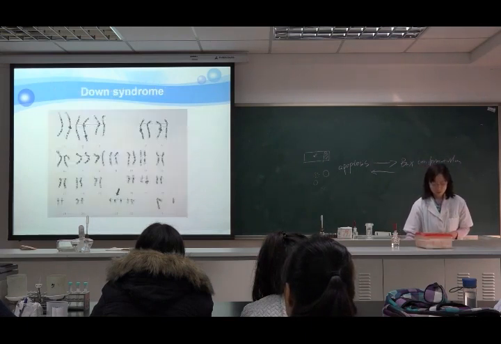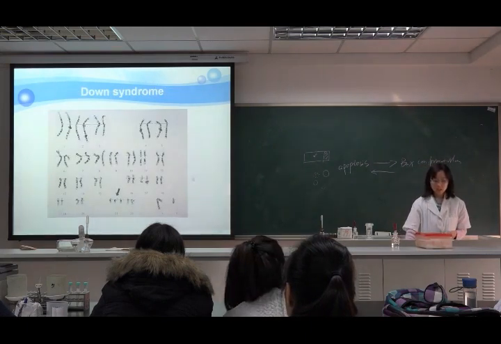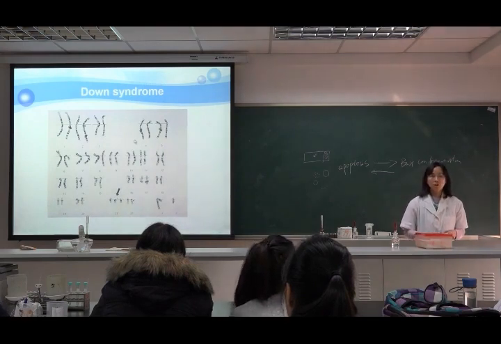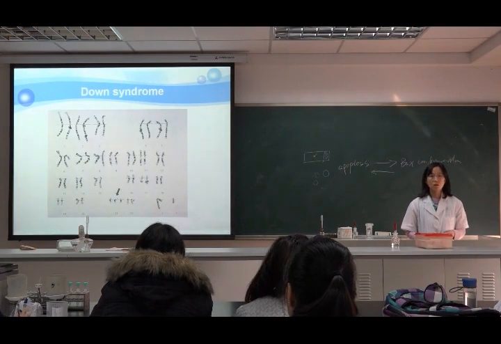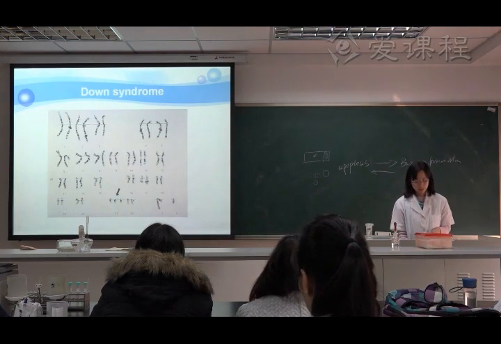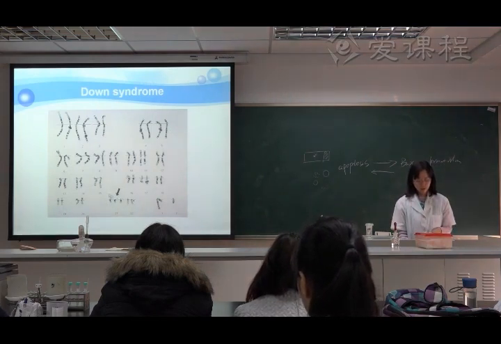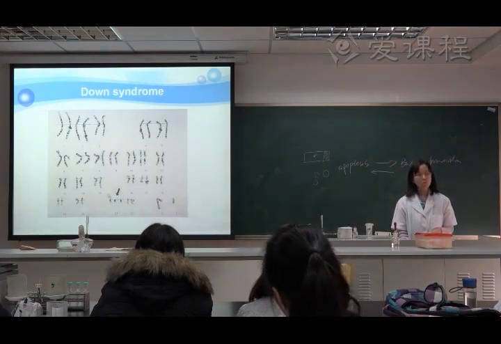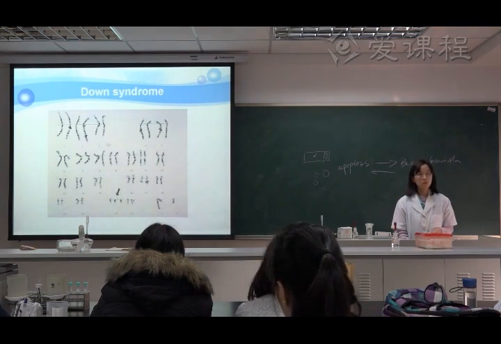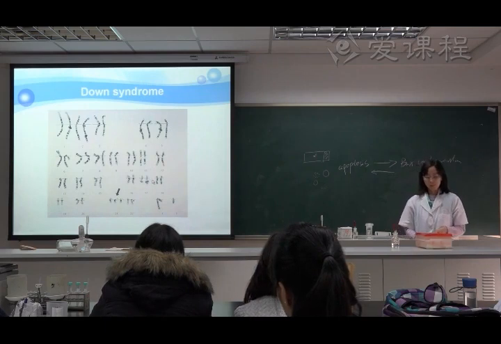I will show you a picture. Can you see here? It is different from the picture I just showed you. That is the normal male or female G pattern, and this is different. We can see an extra 21st chromosome here, so this is Down syndrome. So it is different.